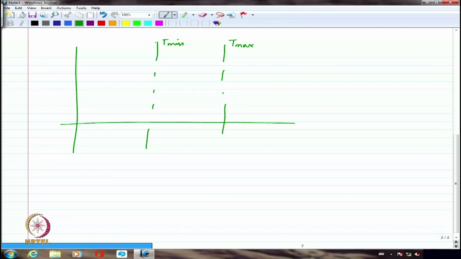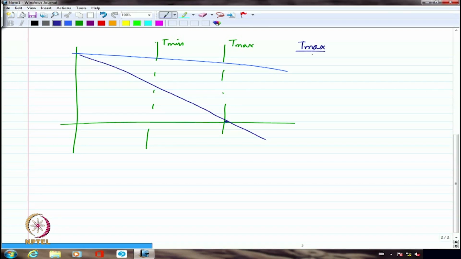So let us say originally I had the characteristics somewhat like this. I don't want to exceed T max, so I need to include certain resistance in such a way that I have this as the intersection point even at the beginning of the starting of the motor drive. So I have this as T max, and T max divided by K phi will be my IA max.